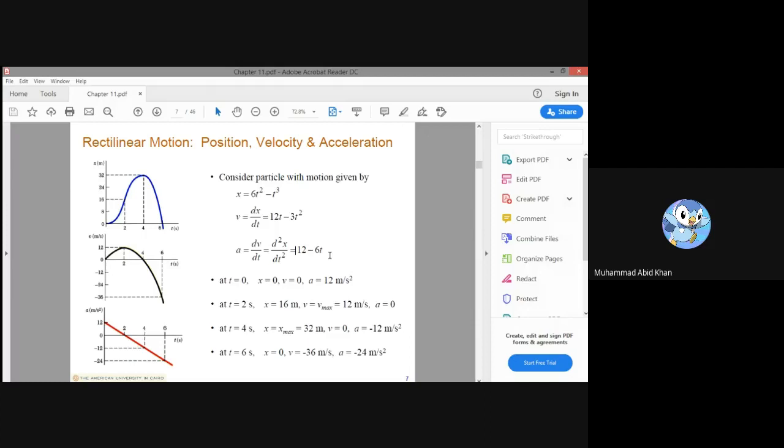If the time is not given, you can leave it in this format, and that's it. Let's suppose at the reference time t is 0, then he said the distance is 0, velocity is 0, and acceleration is 12 meters per second square.